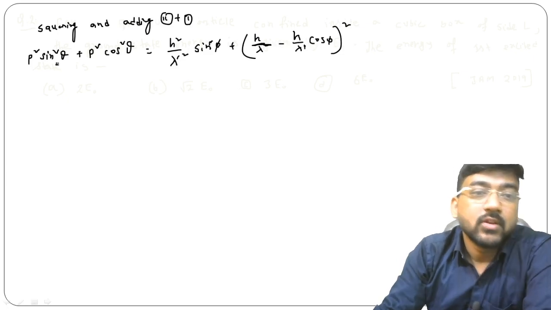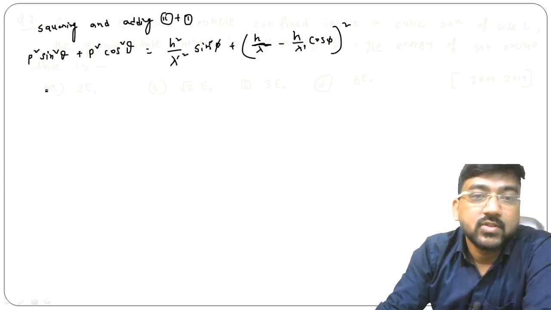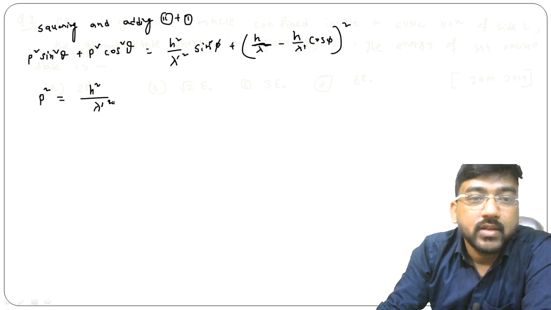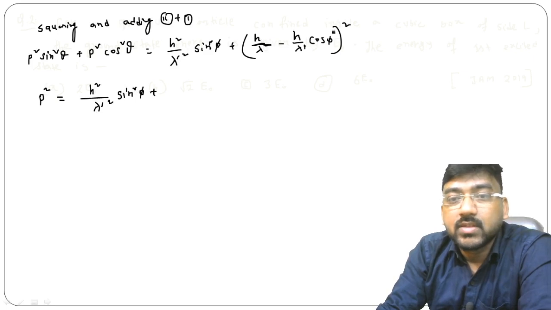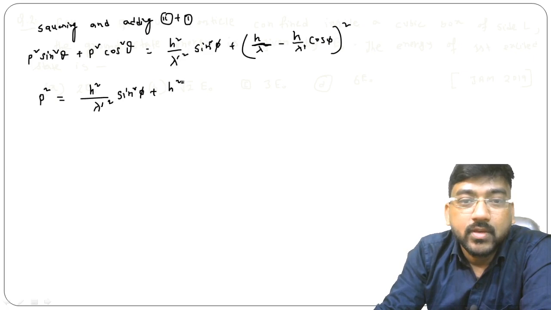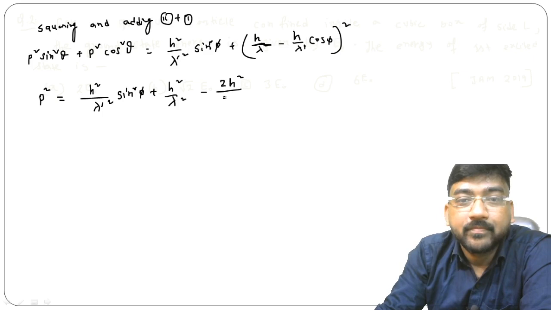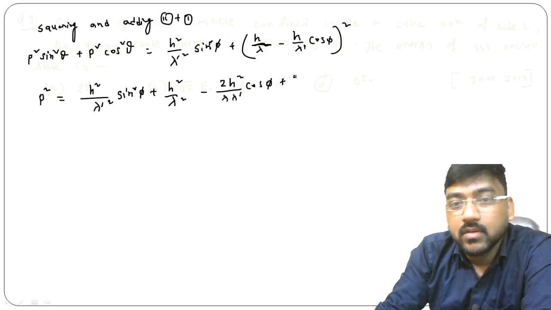Now if we take common p square, the sin square theta plus cos square theta will be 1, so it will be simply p square equal to h square upon lambda dash square into sin square phi plus, this is a minus b whole square, so it will be a square minus 2ab plus b square, so it will be h square upon lambda square minus 2h square upon lambda lambda dash cos phi plus h square upon lambda dash square cos square phi.